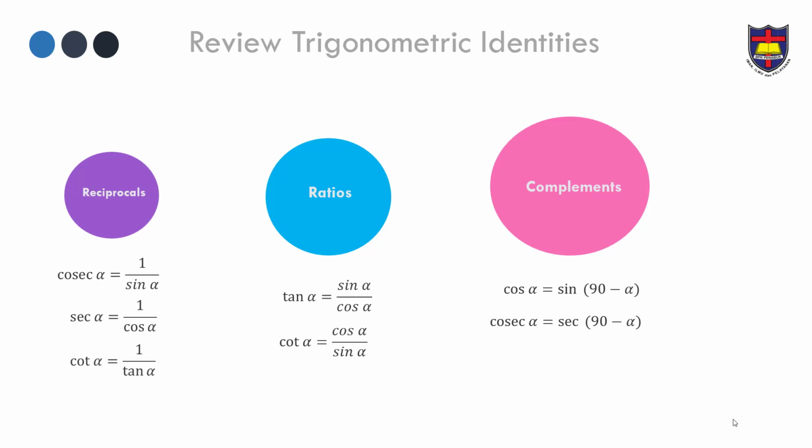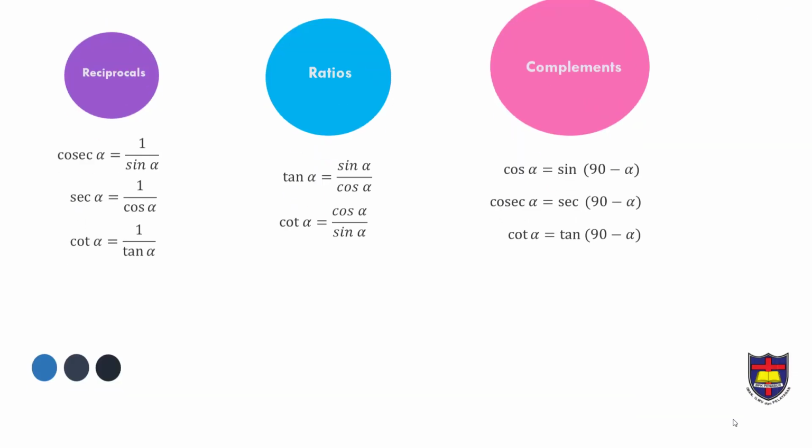We have cosecant alpha, which is secant of 90 minus alpha. Can you see the co-ratio at the left side? Cosine is the complementary of sine, cosecant is the complementary of secant, and you can guess what the last one is, right? The complementary of tangent, which is cotangent. Cotangent alpha is tangent of 90 minus alpha.